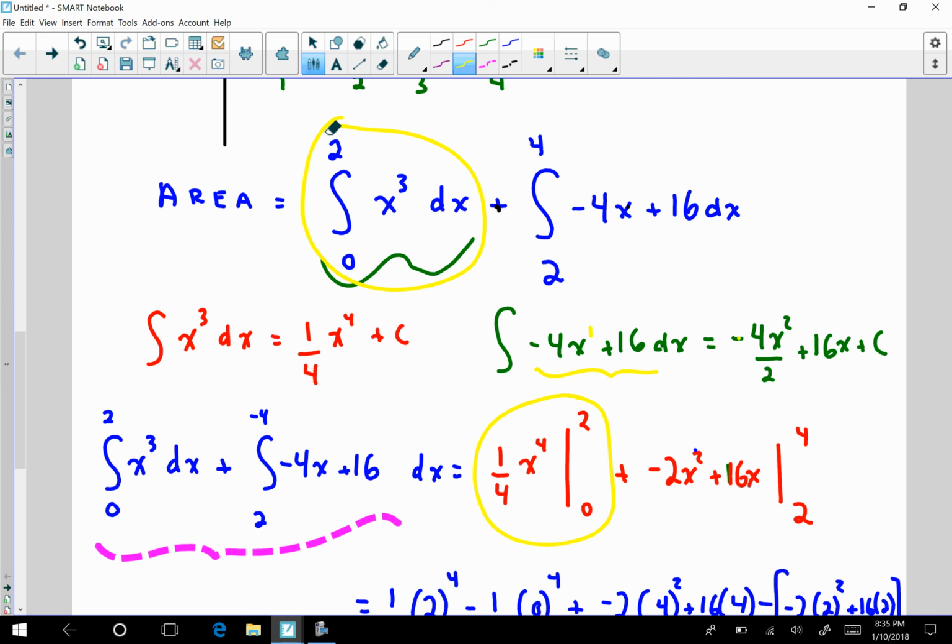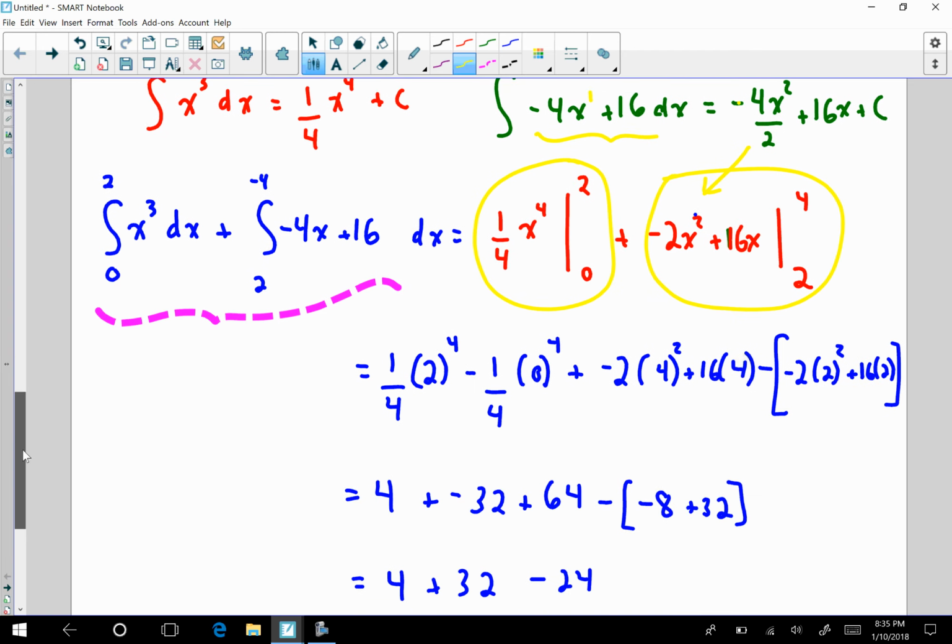And then I have simplified negative 4x squared over 2, which becomes negative 2x squared plus 16x from 2 to 4. This portion is this definite integral here. So I have two different definite integrals, and I'm using the fundamental theorem of calculus twice.